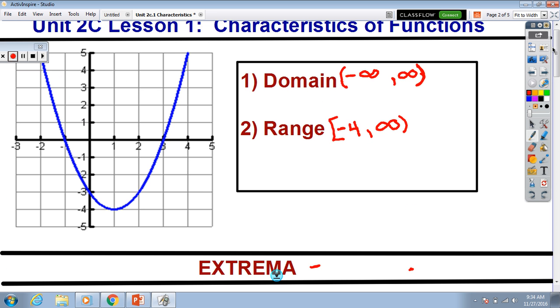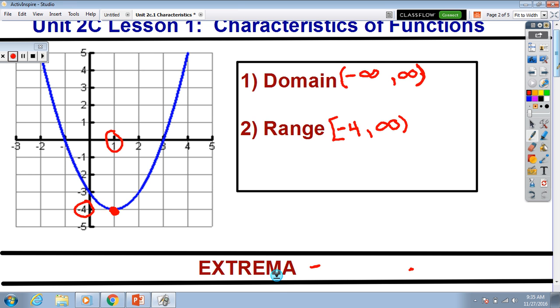Minimum, we definitely have. There is a lowest point to this graph, and I can identify that point right here. So since I can obviously see this is the lowest point on the graph, there are no parts of the blue line that extend below this point, I now need to give the x and the y value. So remember, you go side to side first, so I need the x value, which is +1, and the y value, which is -4.